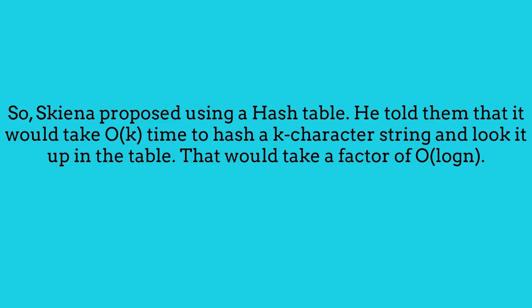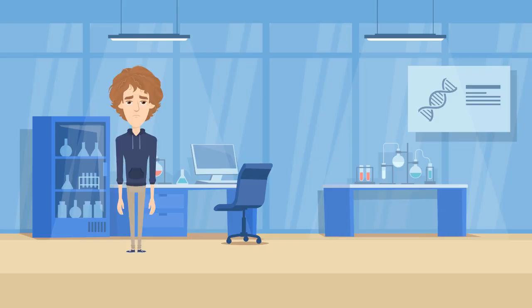So, Skiena proposed using a hash table. He told them that it would take O(k) time to hash a k-character string and look it up in the table, instead of a factor of O(log n). However, Dimitris still complained.